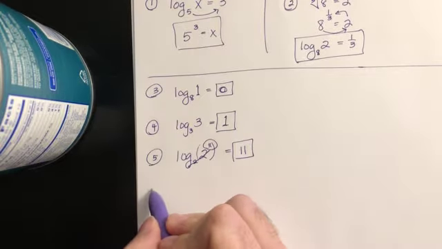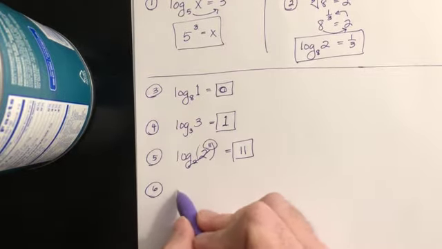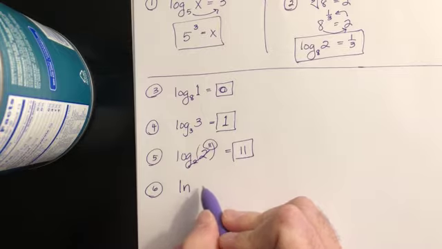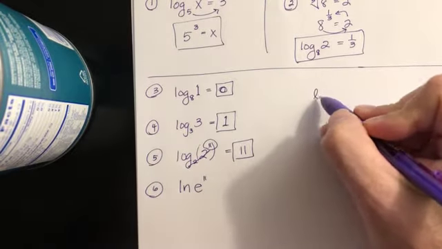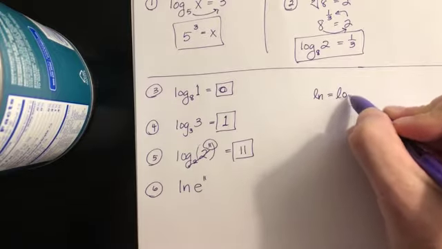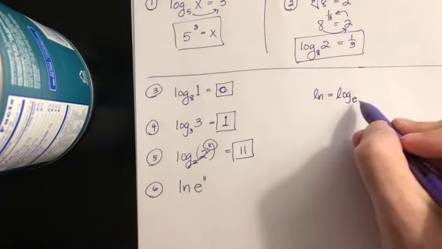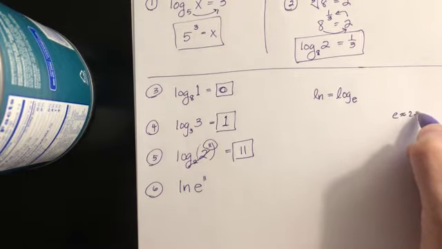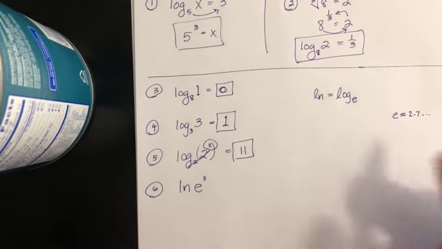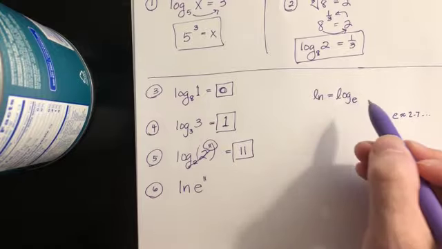And the same goes for if you have ln. Now, ln is a special type of log. ln is actually log base e. And e is a number, about 2.7 and some change. It's just a number that we call e.